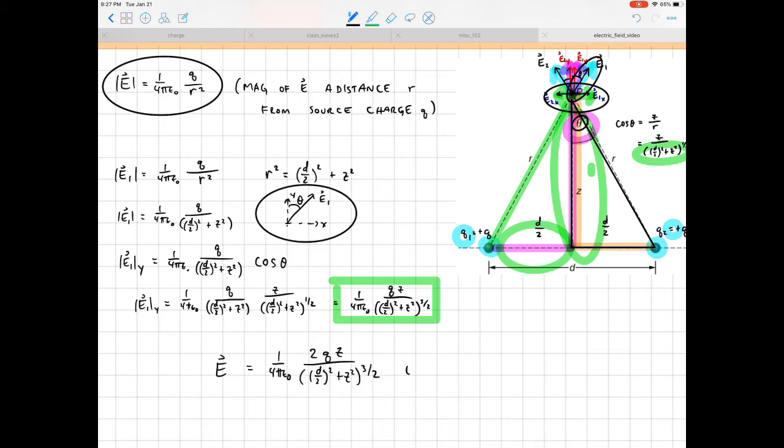So I'm going to call that the plus j hat direction.